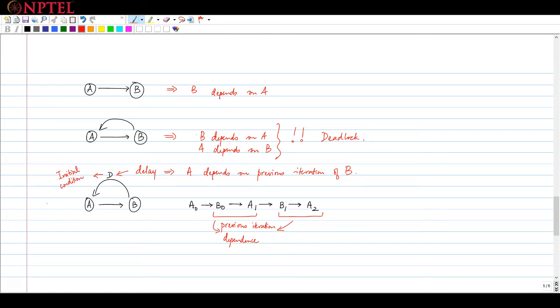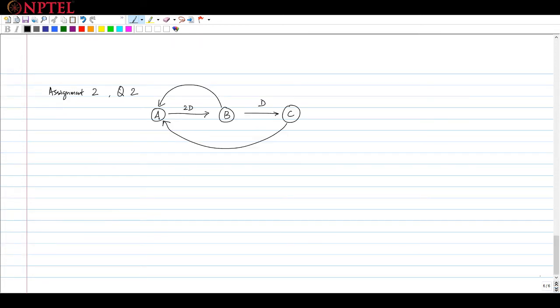Right? Something like B minus 1. Okay. So how does that help us? It basically says that if I had something like what I have in assignment 2, question 2, this is an initial condition which basically corresponds to B minus 1.